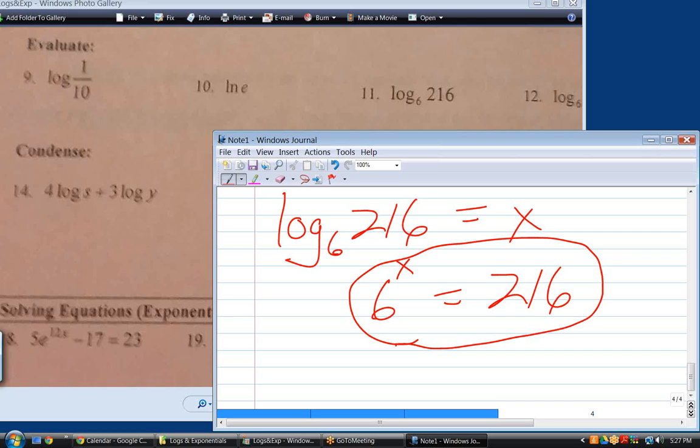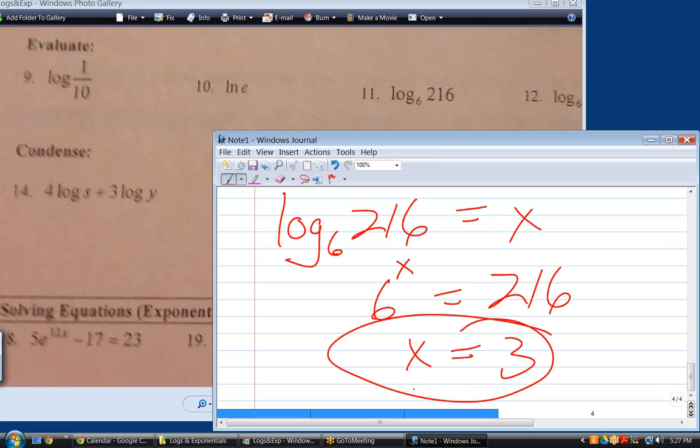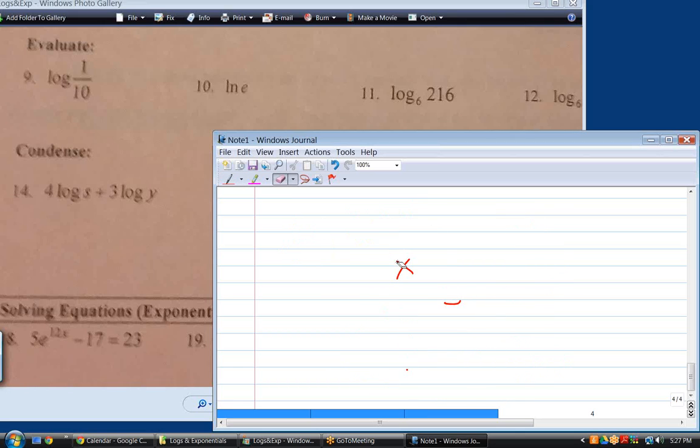What do you think it is? 3. Right. X equals 3. And that's something you may or may not know. You may not know that 6 cubed is 216, but you can experiment with a couple of small numbers. It's never going to be 11 or anything like that because they wouldn't expect you to know that. Okay.